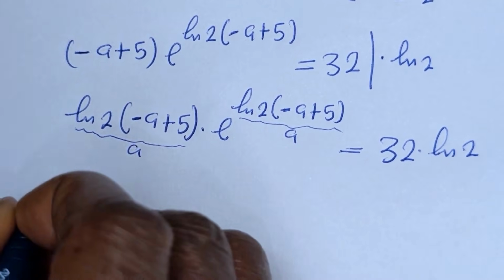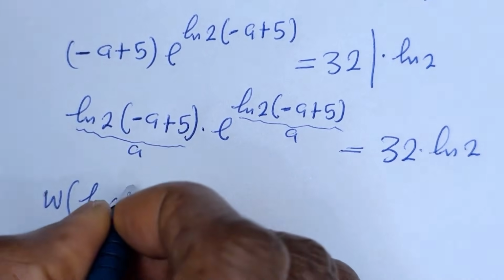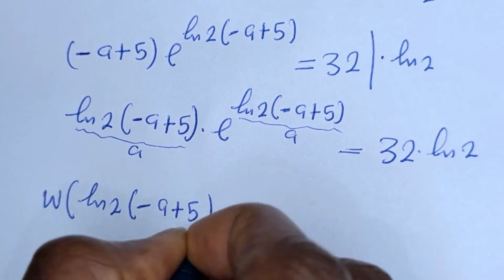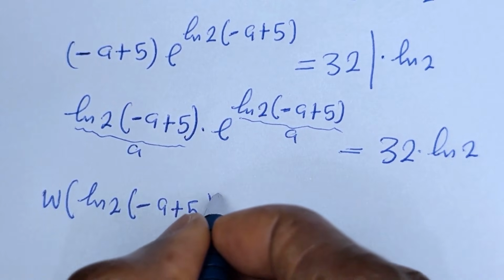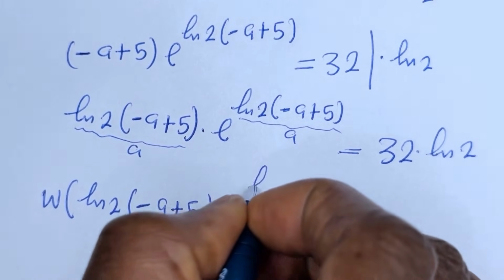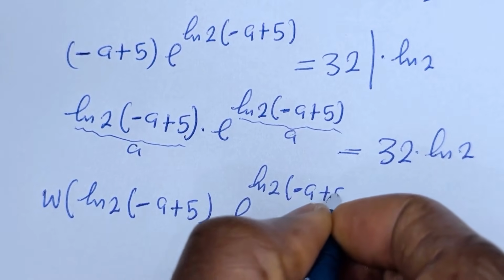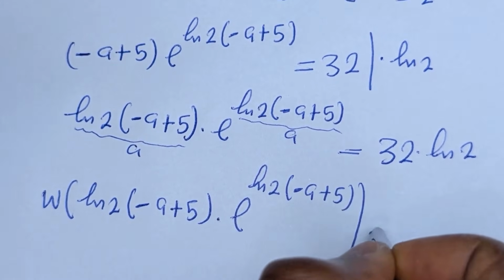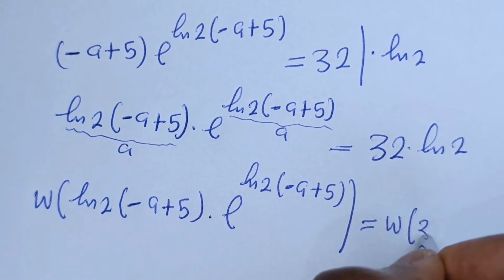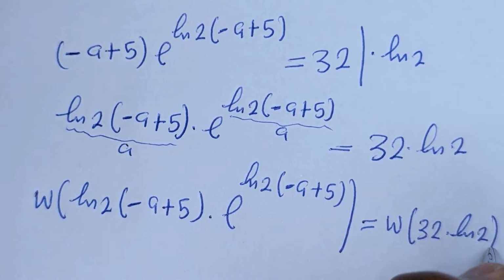We have W of ln of 2 bracket minus a plus 5 multiplied by e raised to ln of 2 bracket minus a plus 5 is equal to W of 32 multiplied by ln of 2.